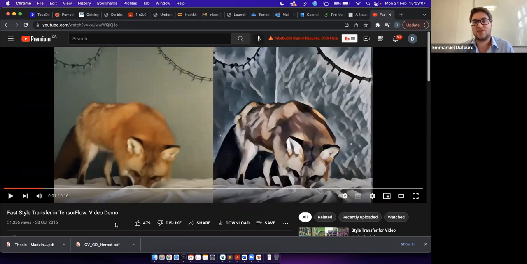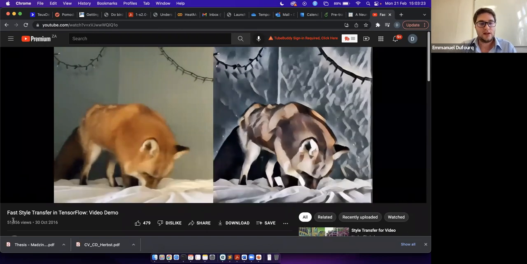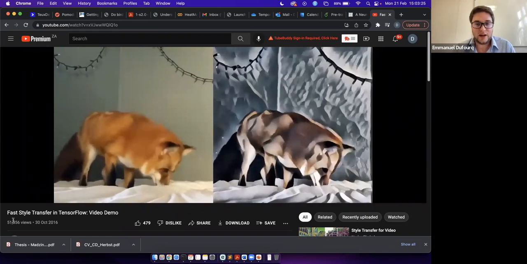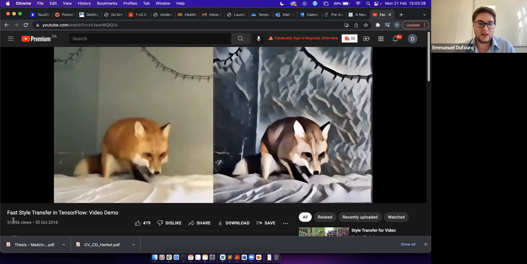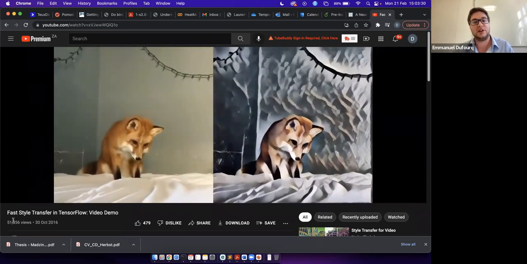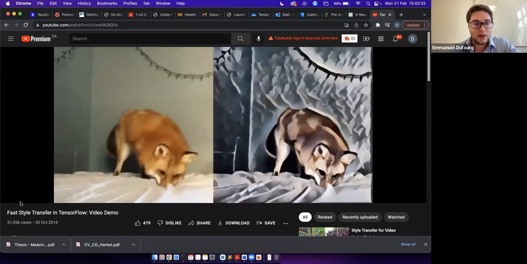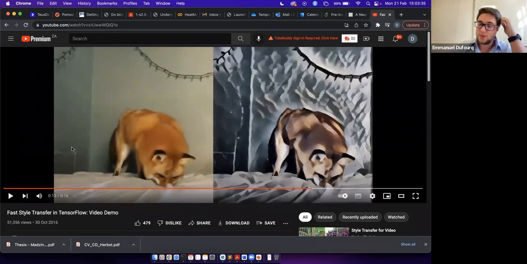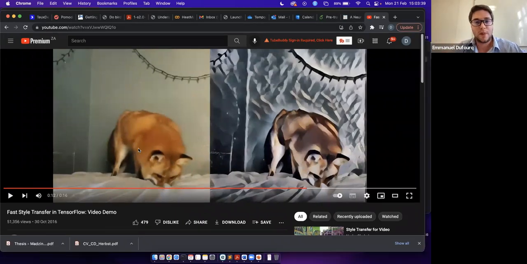So you provide an image or a video, and then you provide maybe a picture by a famous painter, and then you ask the neural network to recreate the input in this new style. So here you can see the input on the left and the style transferred video on the right. This is a nice example of where some of the ideas that we're going to learn about are used.